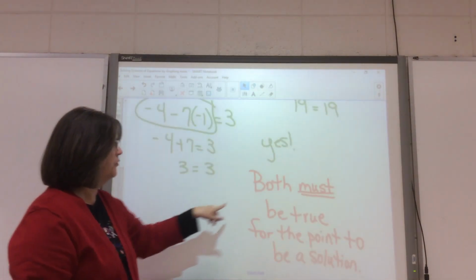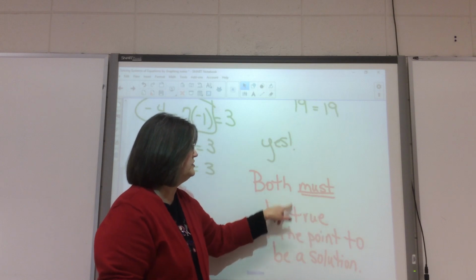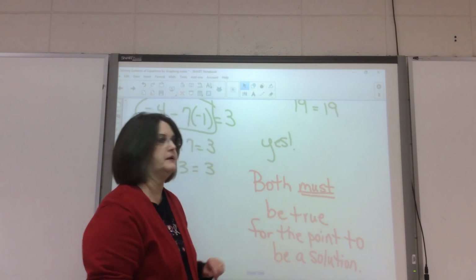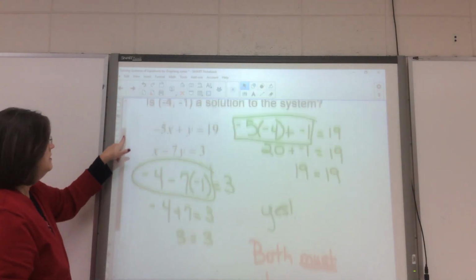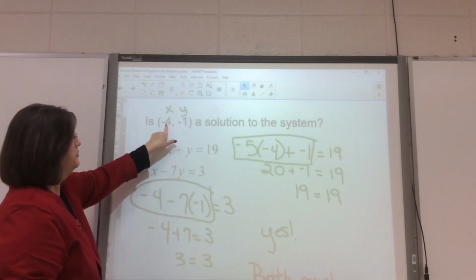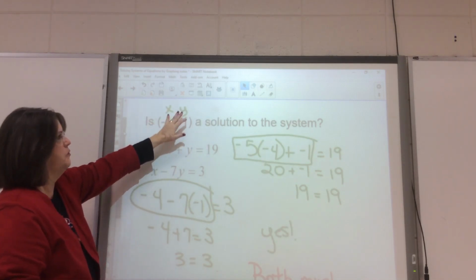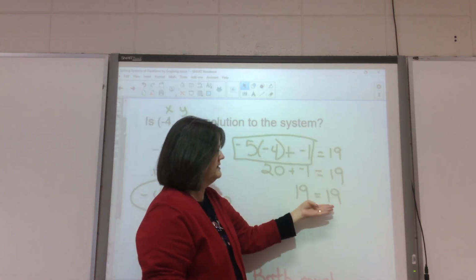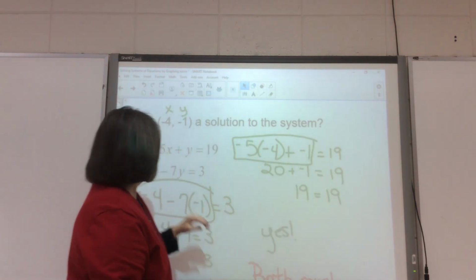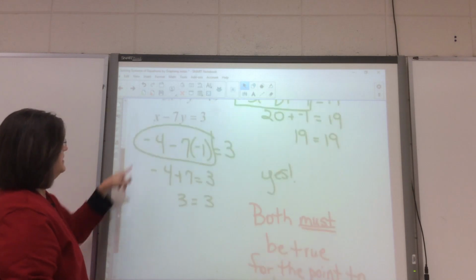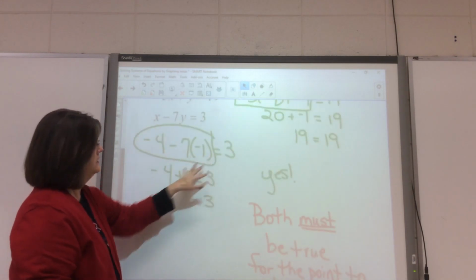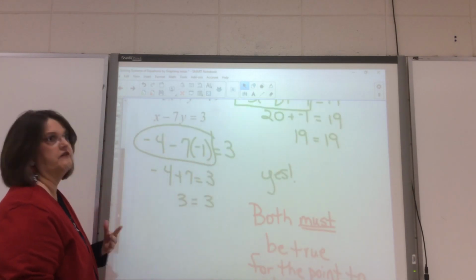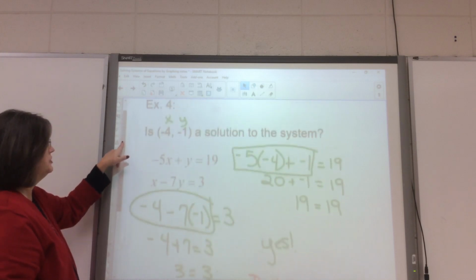So we substitute in the point (-4, -1), x coordinate, y coordinate, and we get the same thing, it's true. We do the same thing for this equation, substitute in, and it is true. Therefore, yes, that point is a solution to the system.